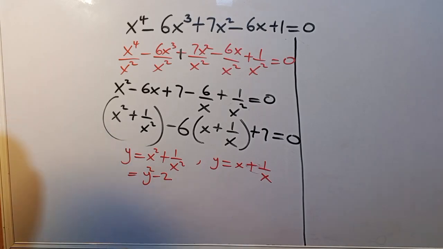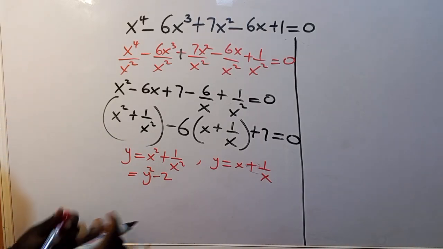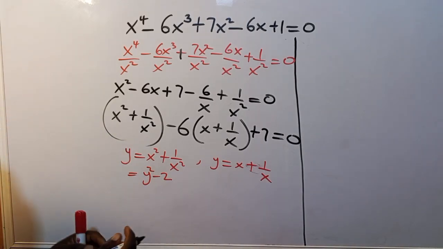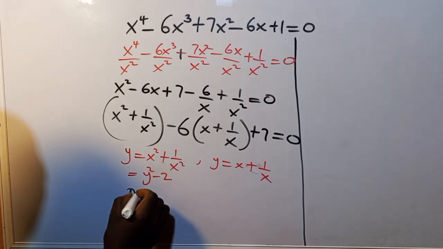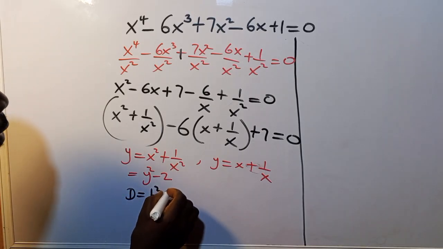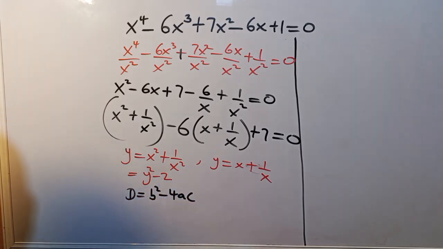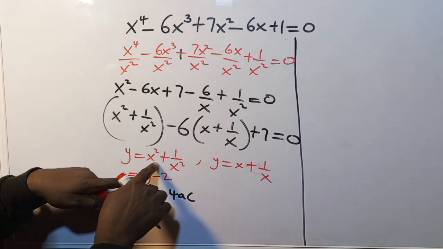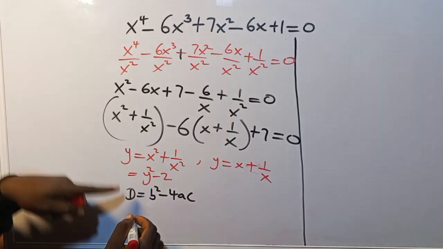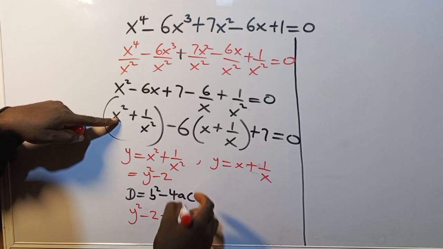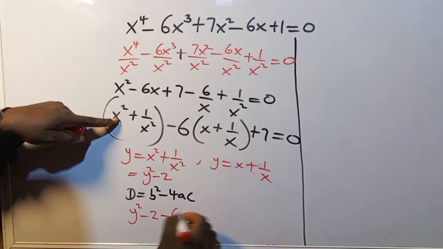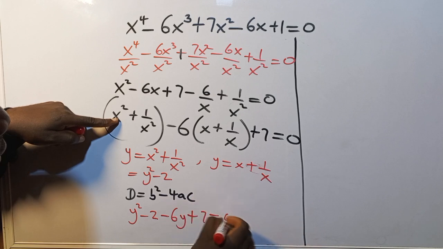Now let's move on. Now after being said that, now is to check for the discriminant, which is d is equals to b square minus 4ac. Now we have said that s square plus 1 over s square is y square minus 2. So y square minus 2 minus 6y plus 7 is equals to 0.